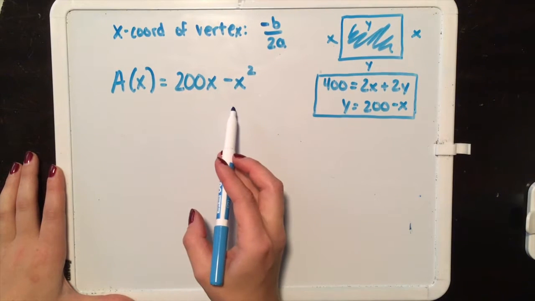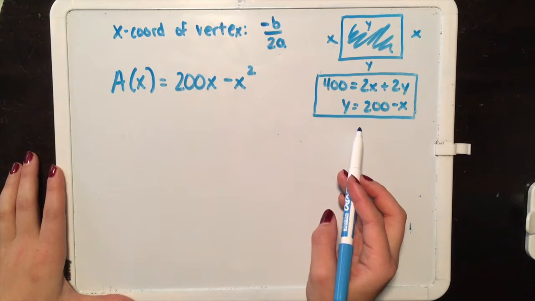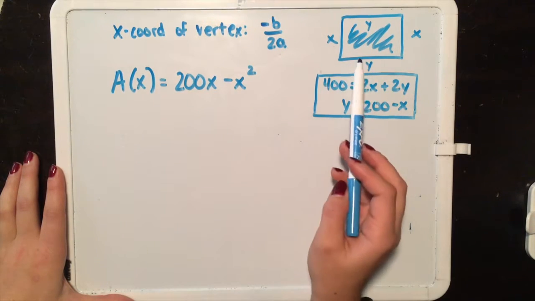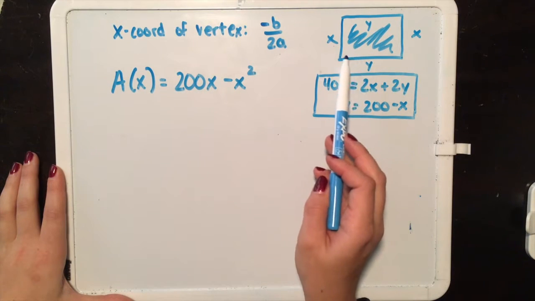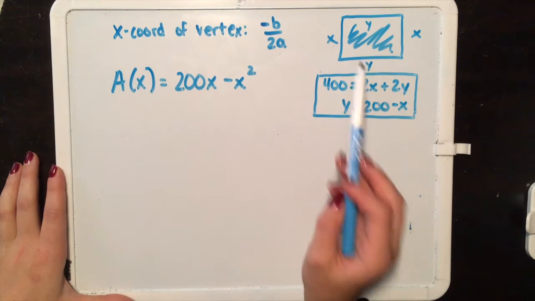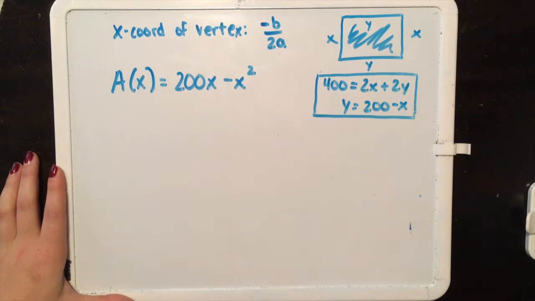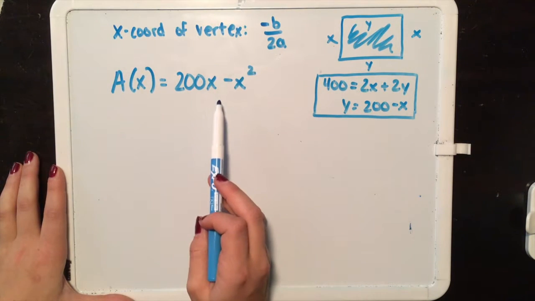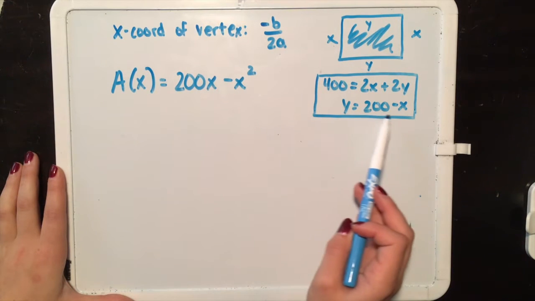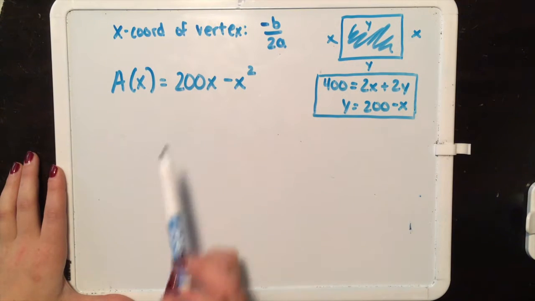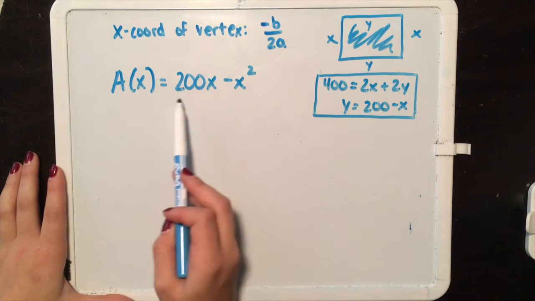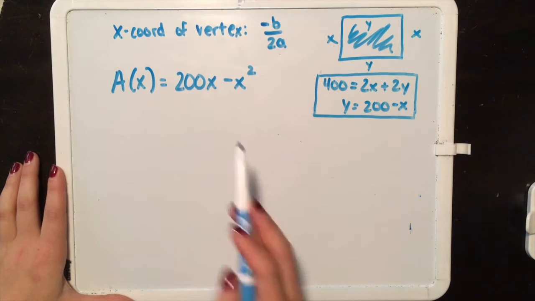I rewrote the equations that we need in order to solve this problem of maximizing the area within this pen that has a 400-foot perimeter. This was the area equation that we came up with when we found y in terms of x, and we plugged it back in. Area of x equals 200x minus x squared.